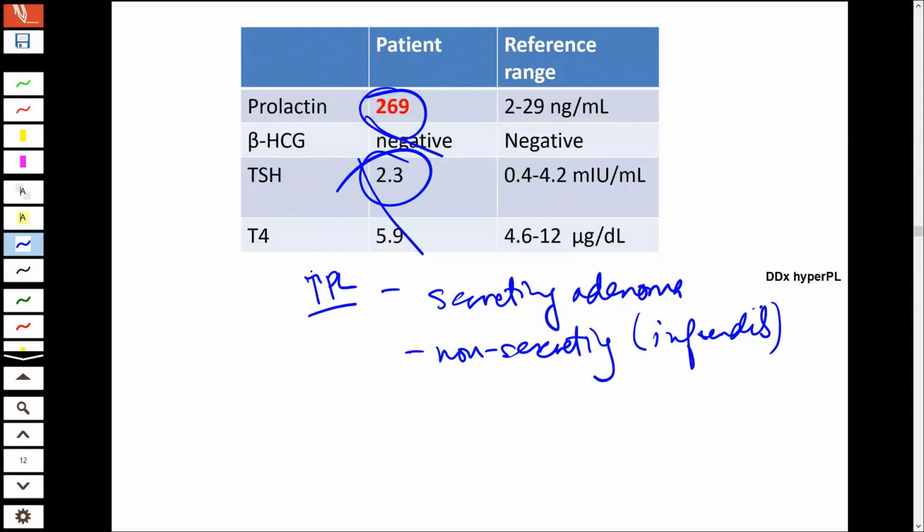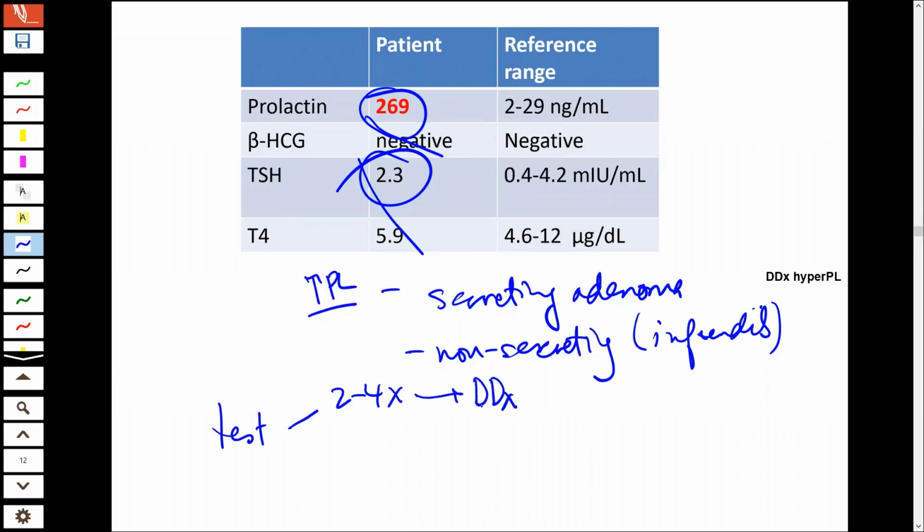One of the rules you're going to learn in medicine is all highs aren't created equal. Anytime you're measuring any test at all, if it's only up 2 to 4 times, that leaves you a pretty broad differential diagnosis.